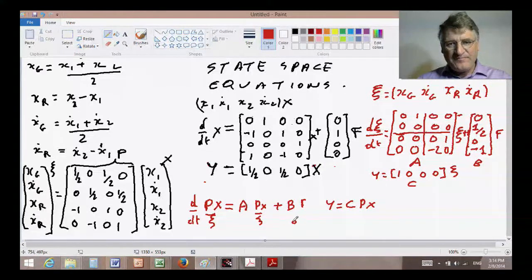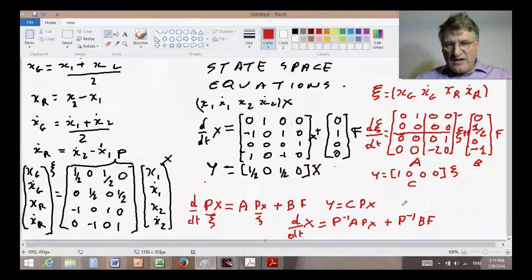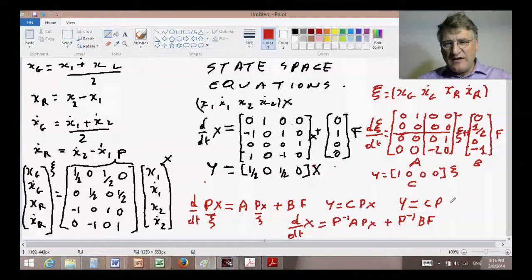I obtain d dt of x is equal to P inverse A P x plus P inverse B times F. And y equals CP times x.